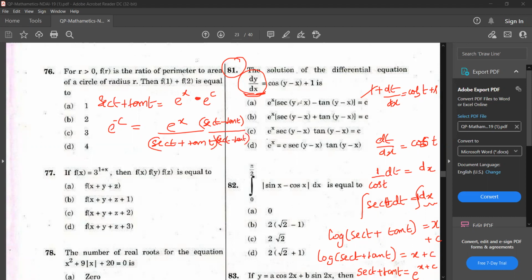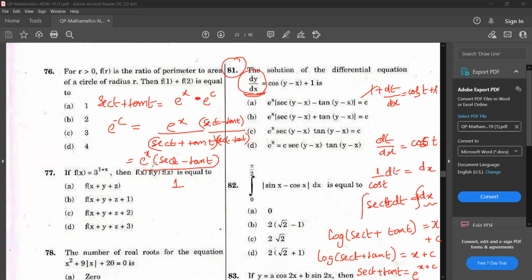See, because here I don't have any denominator. In the options I'm having only numerators, isn't it? Then this will become e raised to x into (sec t minus tan t) divided by (sec square t minus tan square t), that is 1.